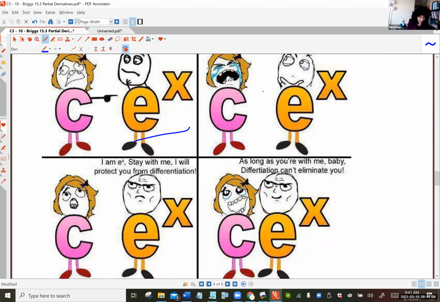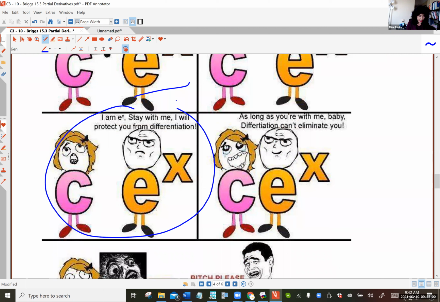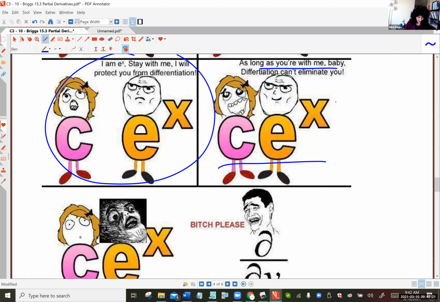And then the e to the x says, oh, I'm e to the x. Stay with me. I will protect you from differentiation. Because, you know, the constant multiple rule, if you're just trying to differentiate c e to the x, the constant doesn't get killed off and go to 0. So the e to the x says, as long as you're with me, baby, differentiation can't eliminate you.